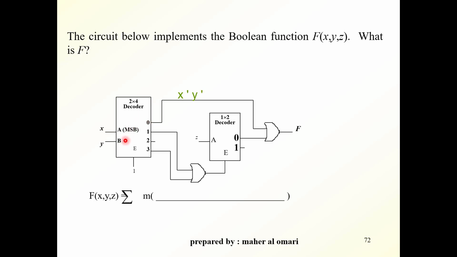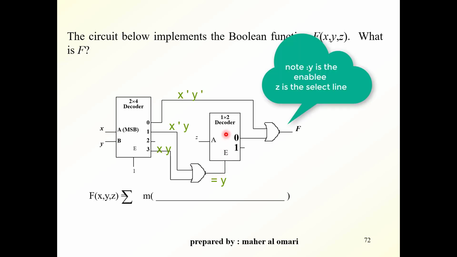Here we will have S0 bar, S1 bar, meaning X bar, Y bar at the output. This output here will be X bar, Y. And this output here will be XY. Now, these two will go into this OR gate, and here they will give me a Y.